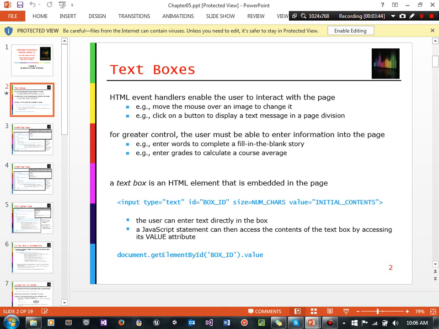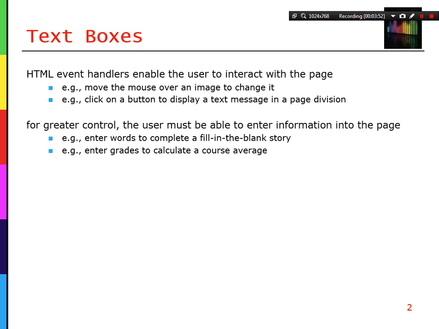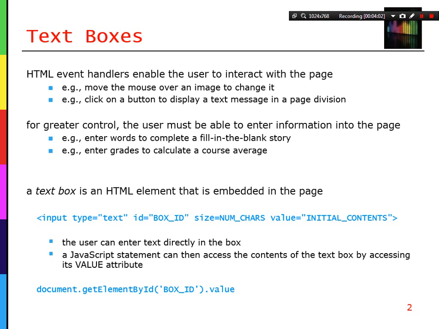So text boxes in HTML are just event handlers that enable the user to interact with the page. You might want to have the user enter information into that page, for calculating grades or doing whatever it is you want to do.